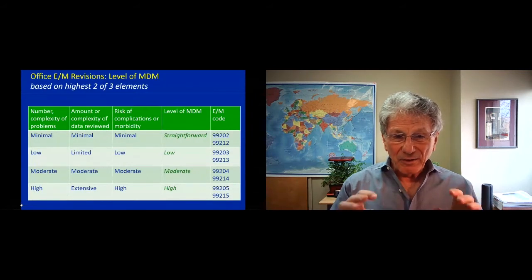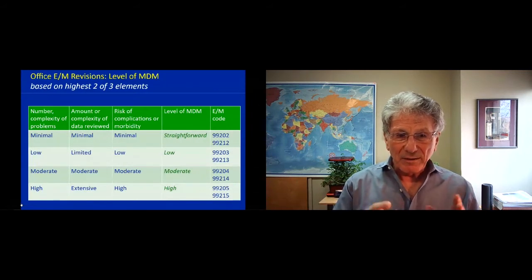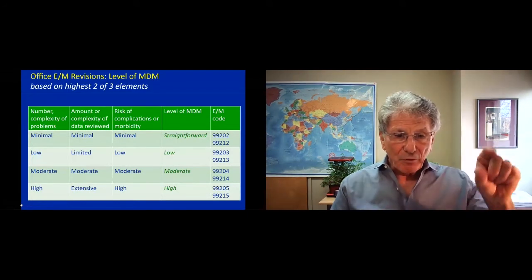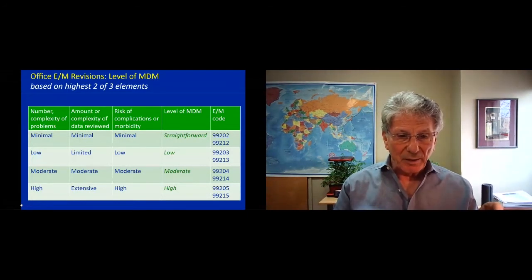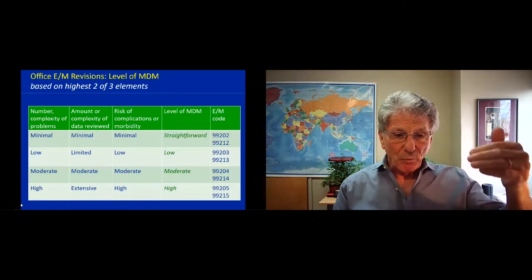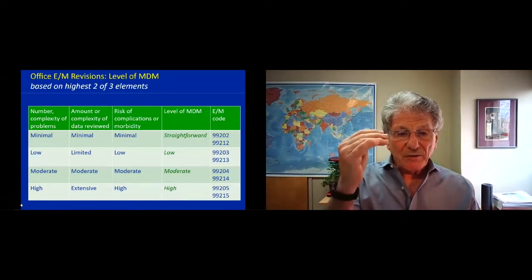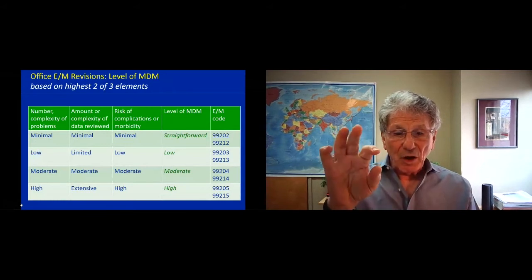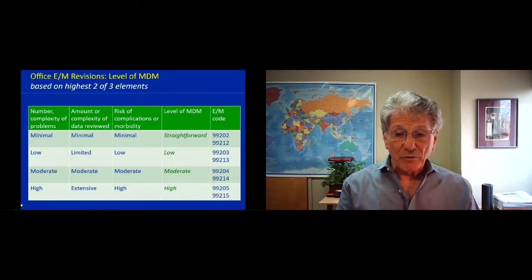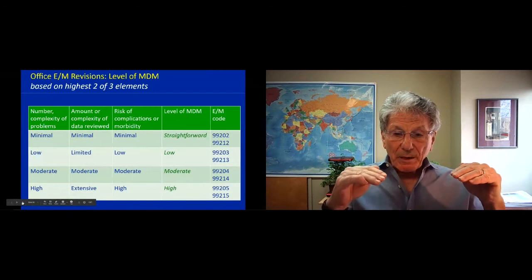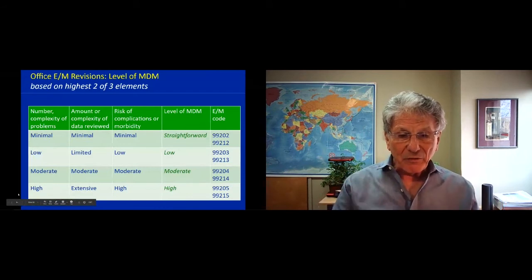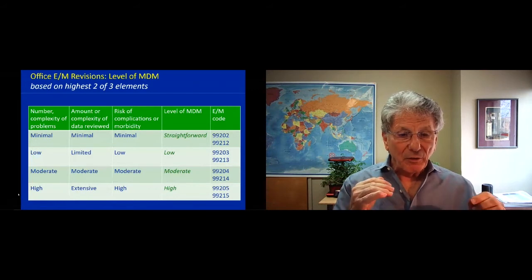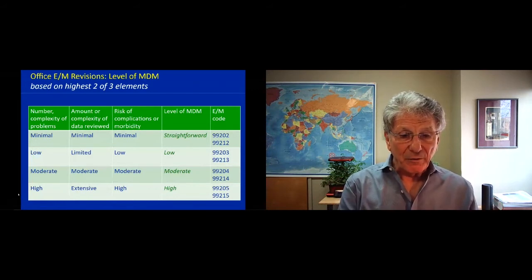All right, so this is a really important slide because what it tells you is if you're going to use medical decision making, the first column is the number and complexity of problems. You choose one of those 4 scores. Next is the amount and complexity of the data. Choose a level. The third column is the risk of complications. Choose a level. So what you can bill for is the best of 2 out of 3. So let's say, for example, it's a low number and complexity in the first column.